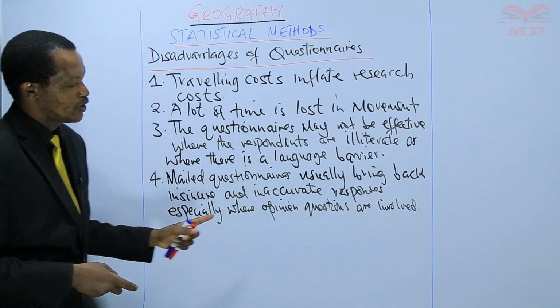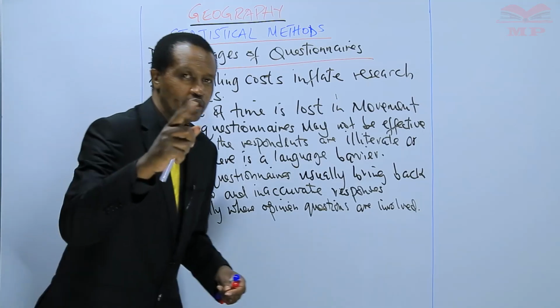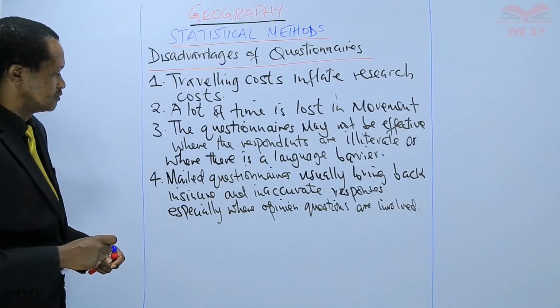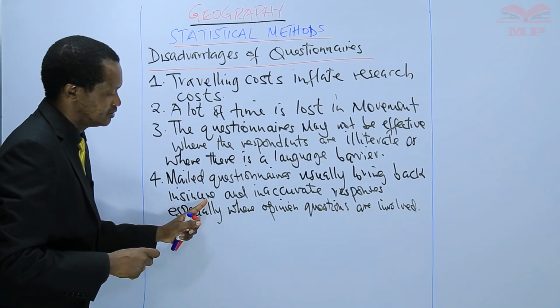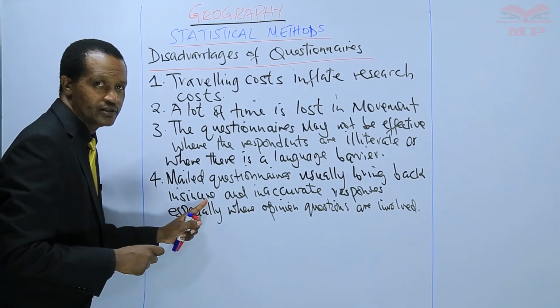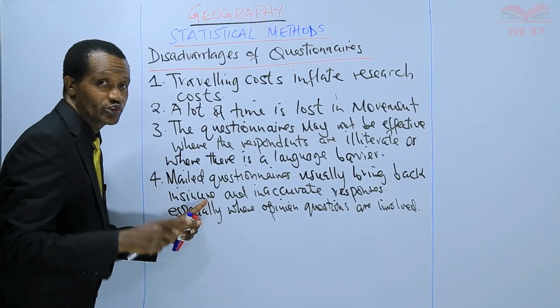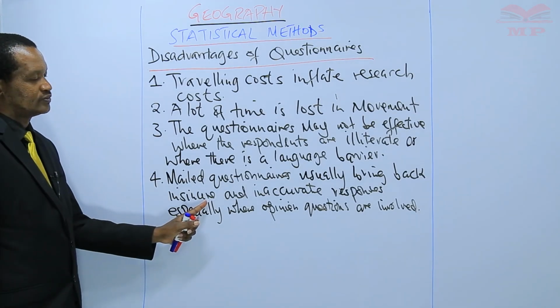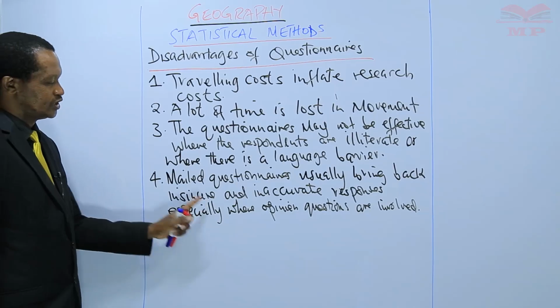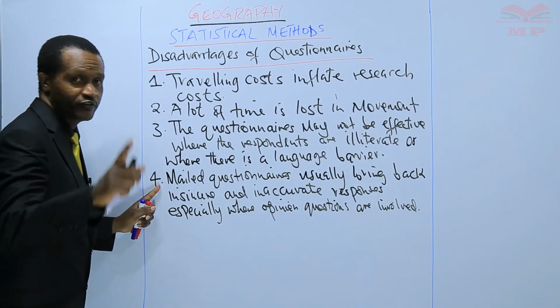So when I say opinion questions, I know you understand what I'm saying. When I say insincere, I know you also understand what I'm talking about. So this is disadvantage number 4.